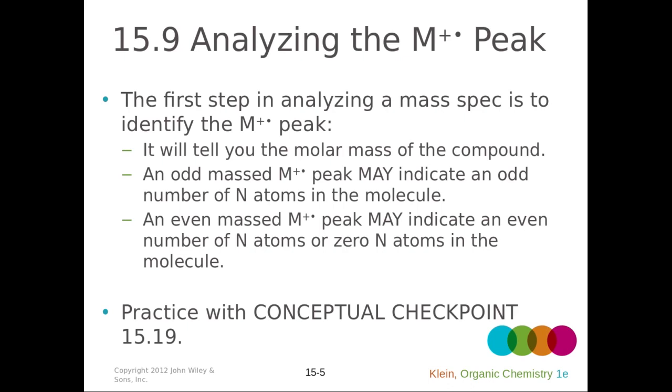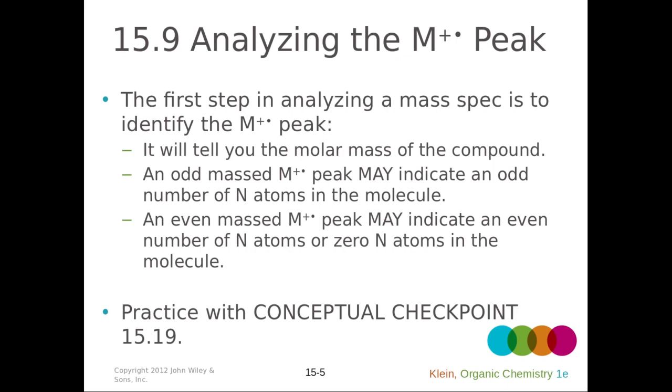So if the molecular ion peak is odd, then it can indicate an odd number of nitrogen atoms in the molecule, which results from the bonding pattern for nitrogen having a different number of hydrogens on it relative to a saturated hydrocarbon.